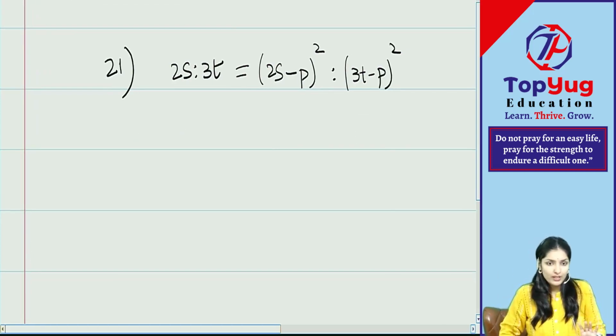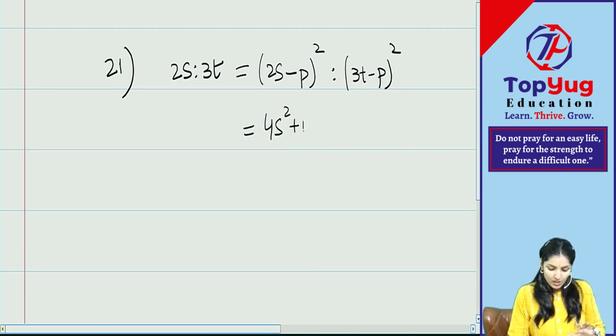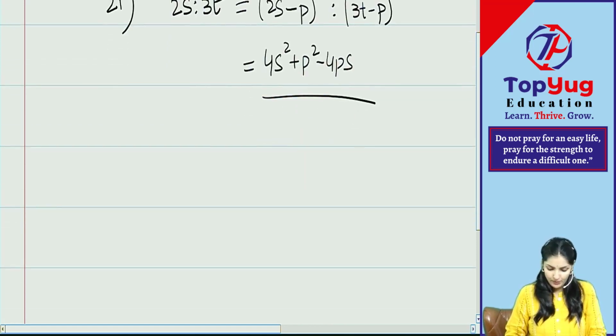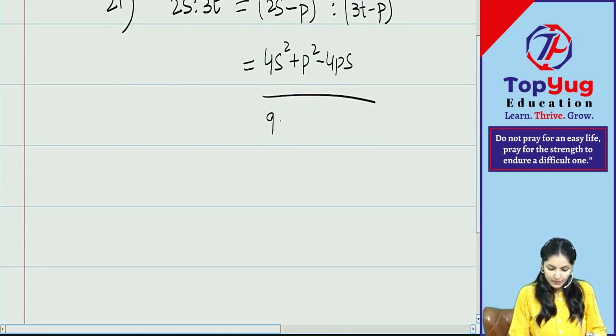So I have to square it. If I square it, I get 4s square plus p square minus 4ps. I'll put it in numerator and denominator form, that would be easier. Guys, don't try it while I'm explaining. 9t square plus p square minus 6pt.